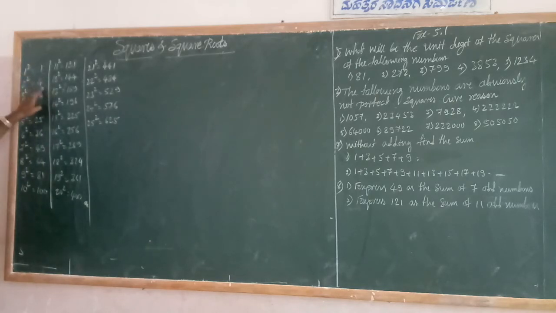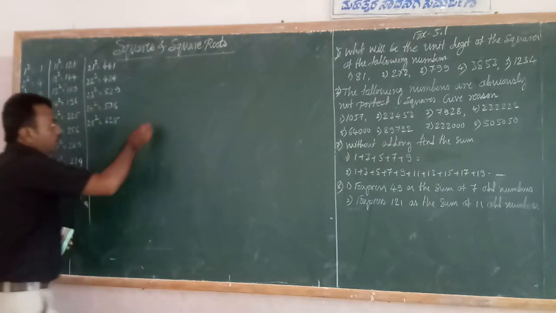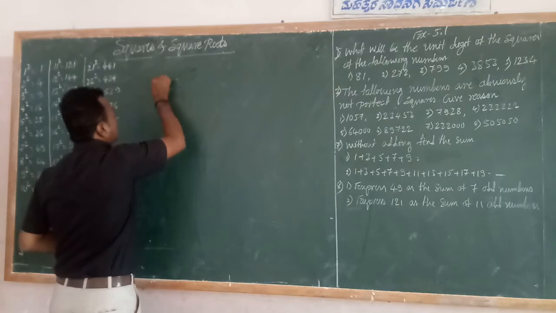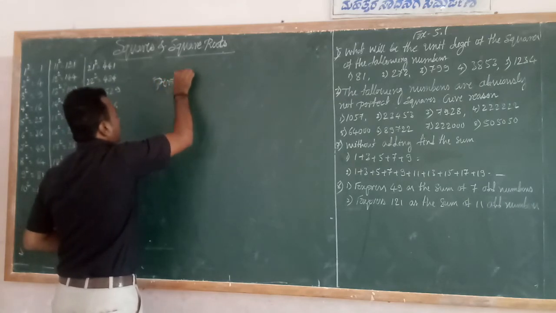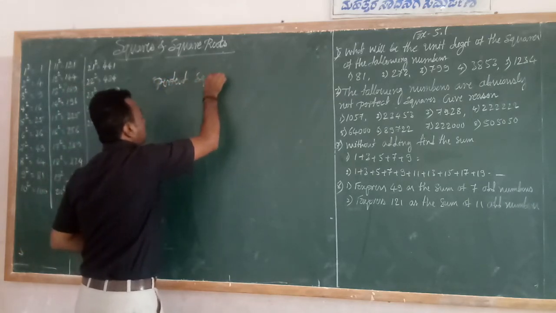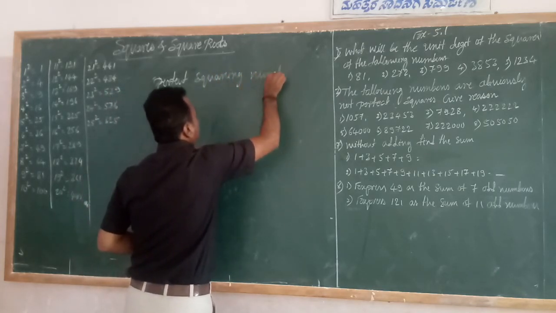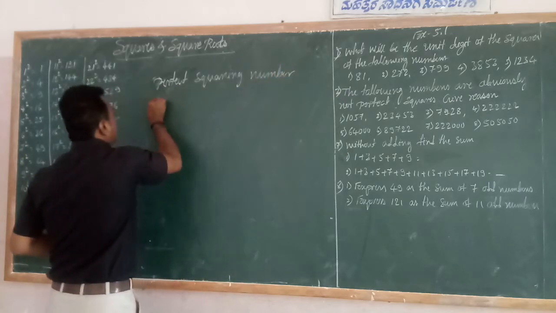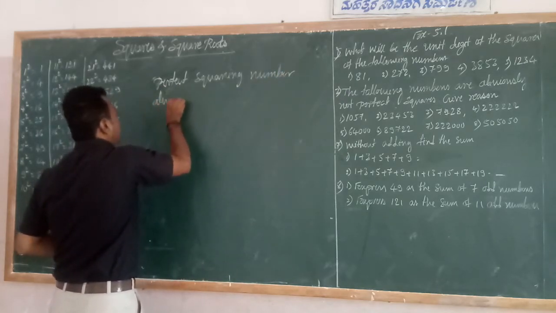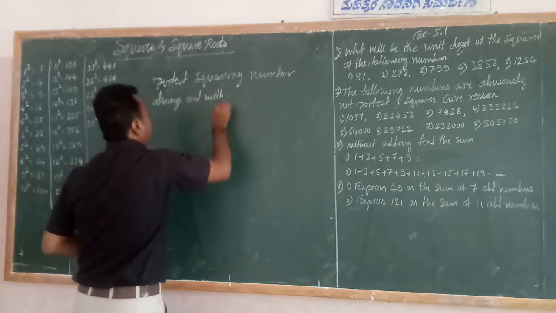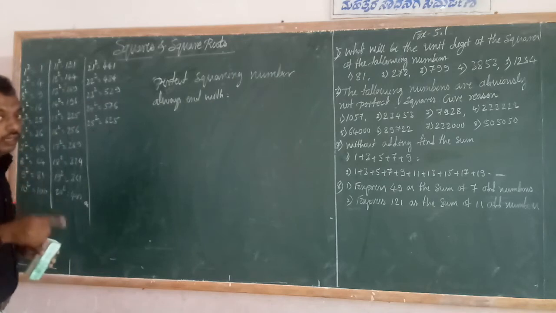The last ending digit, I mean the unit place digit. What are the unit place digits? Perfect squaring numbers always end with only certain digits.